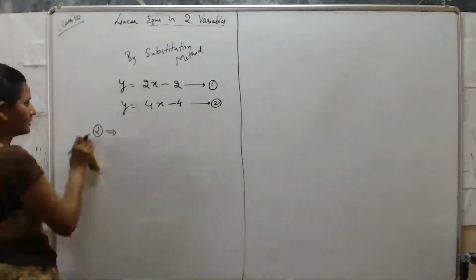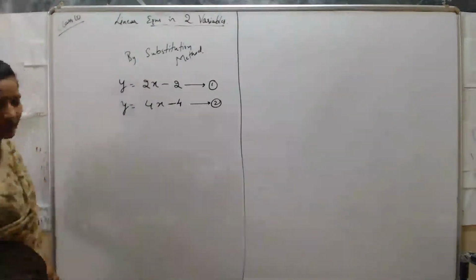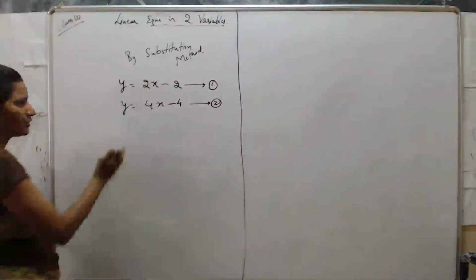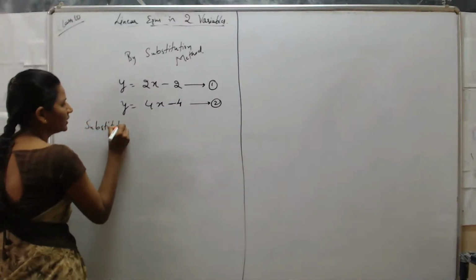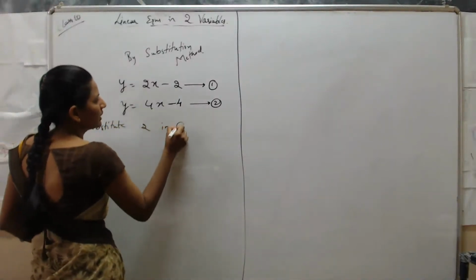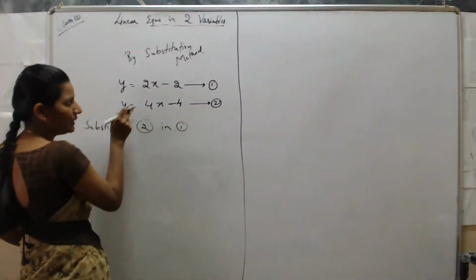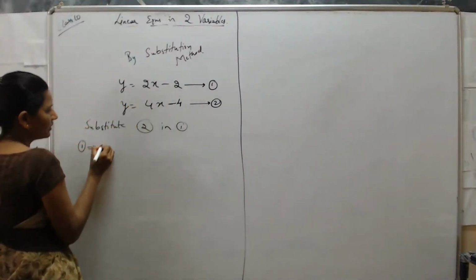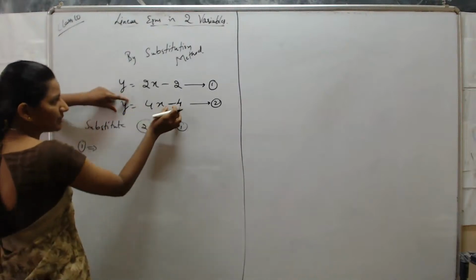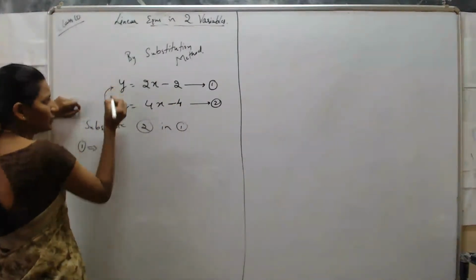Substitute equation 2 in 1. We know the value of y. Here we can substitute. In equation 1, the y value is 4x minus 4. Substitute this value here.